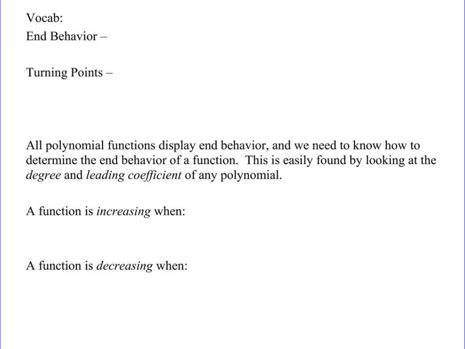We're ready now for a couple more vocab words: end behavior and turning points. I've already kind of talked about end behavior and turning points, but let's get some official vocab down here.